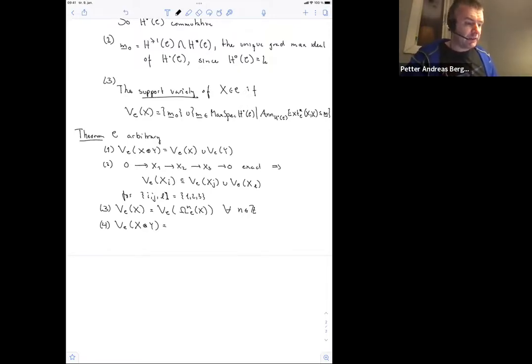What you can say in general is that this is actually just contained in the support variety of X. We don't even know whether it's contained in the support variety of Y. But if C is braided, then it's contained in the intersection.